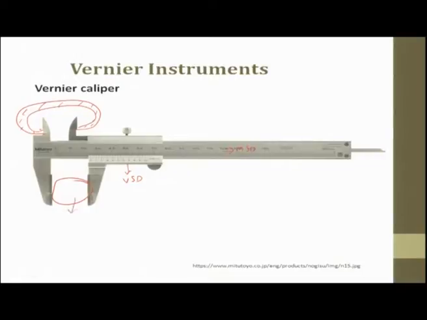First we slide this across the main scale division and see what the value is at 0, so that we know the millimeter reading. Then we try to match the graduation here with the graduation on the main scale division. The moment one of these graduations meets, we take this reading, add this, and then take the vernier scale division.